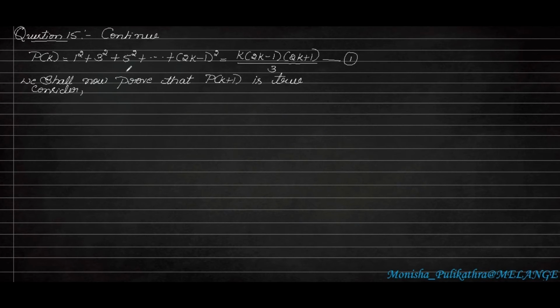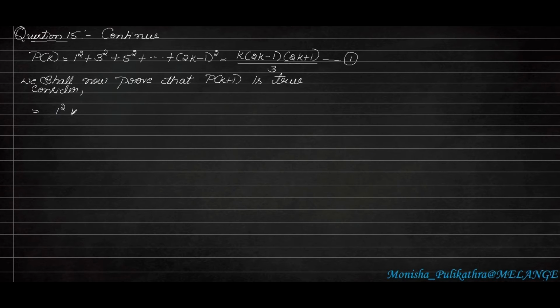Let us continue the 15th question. So here I have written equation 1 one more time, that is P of k, equal to k into 2k minus 1, 2k plus 1 whole divided by 3. So this whole series will become equal to this equation. Next up is we have to prove P of k plus 1 is also true. So for that we have to take the whole equation with one more term, that is we have to use this consecutive number.